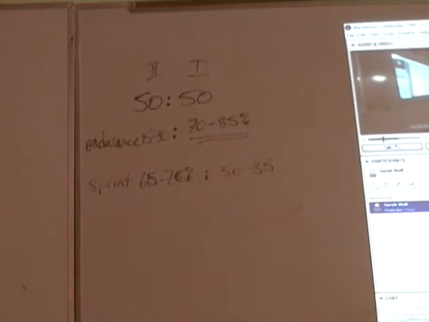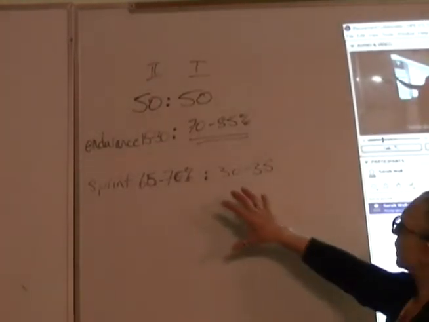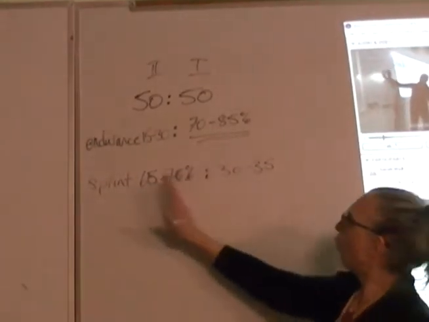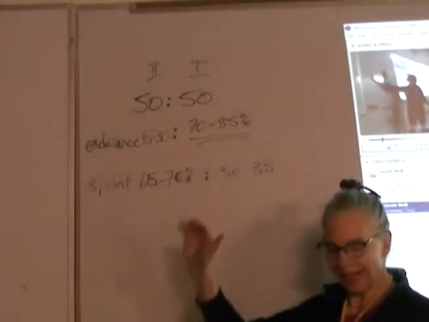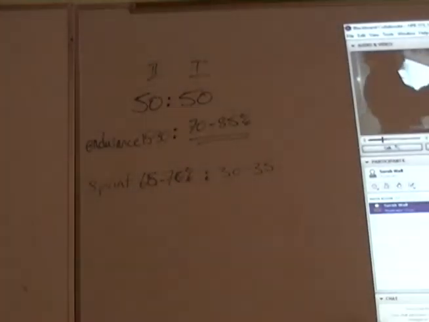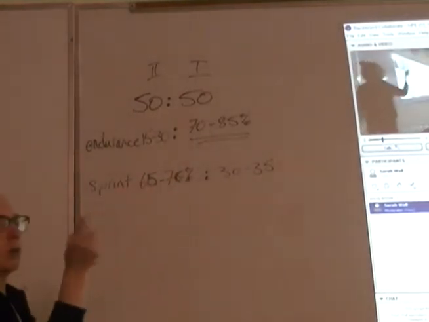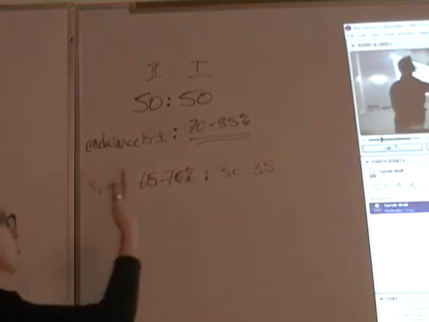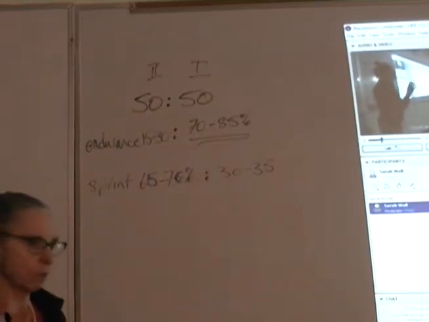So when we train, if I train sprinting, I don't get more type 2 fibers. I make the type 2 fibers I have bigger and therefore stronger and more powerful. Even when you look at world-class athletes, the switch over of type 1s into type 2s is minimal, very small.